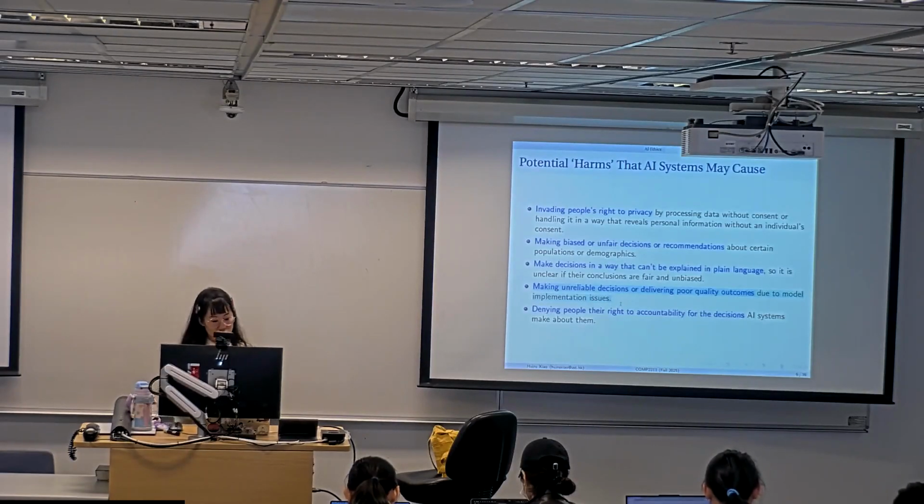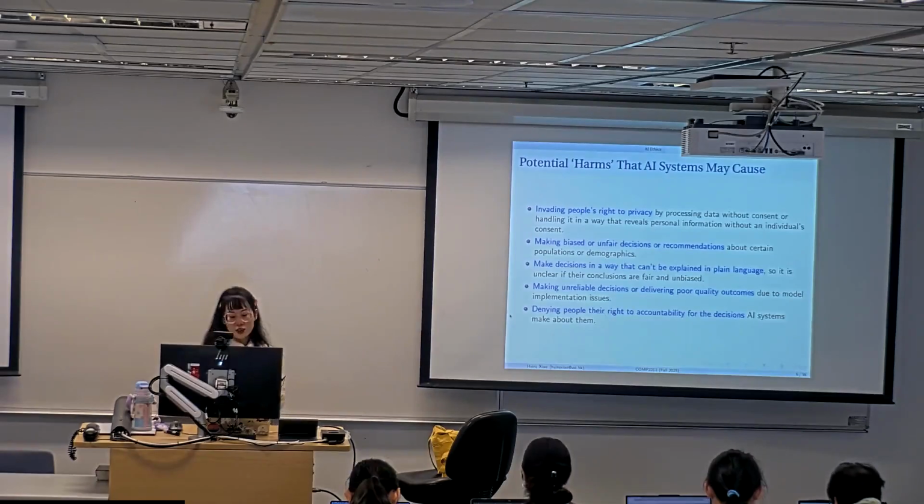Their answers may not make any sense. These are unreliable decisions and poor quality outcomes. And actually, some researchers prove that, in the mathematical sense, AI hallucinations cannot be avoided due to some statistical issues.